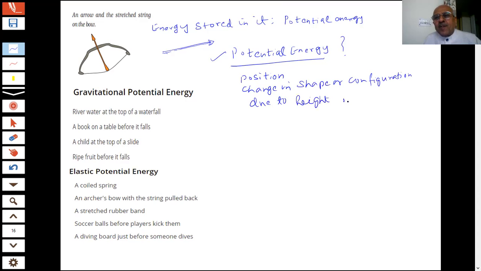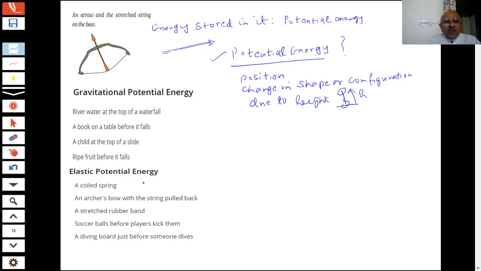If it is raised from ground to another height, then you are saying energy has been stored in it. So some of the examples: gravitational potential energy, river water at the top of a waterfall, book on the table, child at the top of a slide, ripe fruit before it falls. If the fruit is ripe on the tree, it will fall. What energy is there? It was raised from the ground. That was gravitational potential energy.